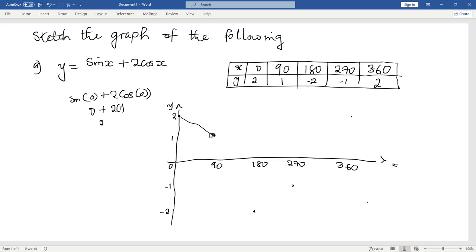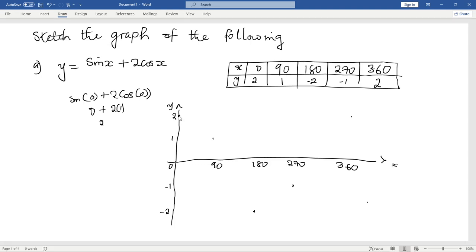Okay, let me erase this so that I can draw a smooth line. So these are the points there. Okay, so let me use a different color.